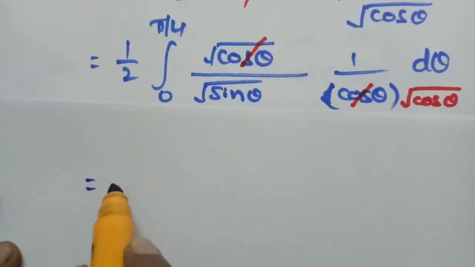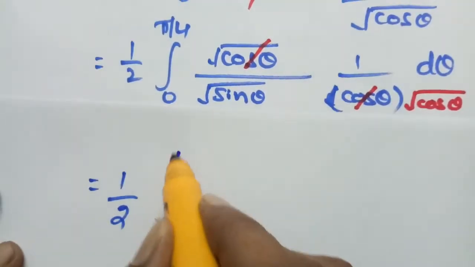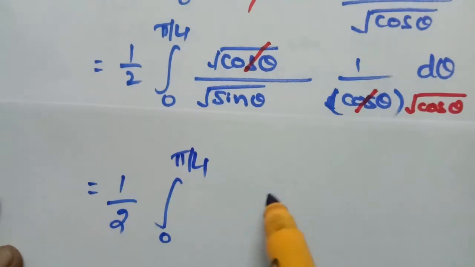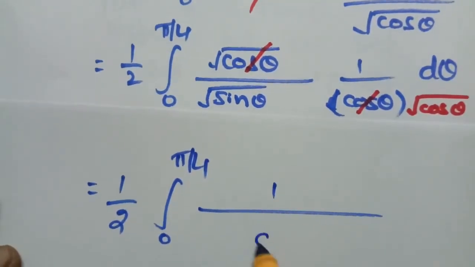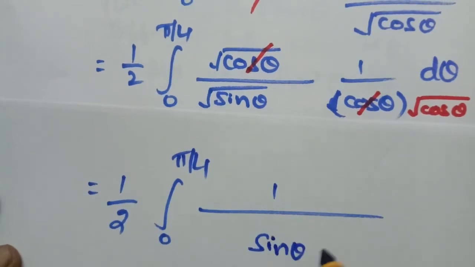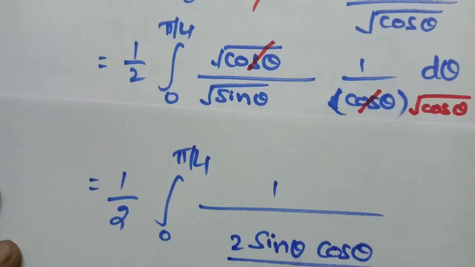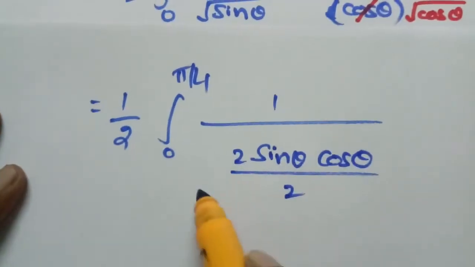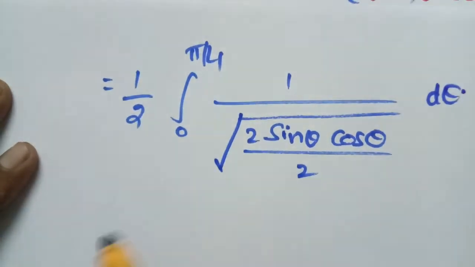This is equal to 1 by 2 times the integral from 0 to pi by 4 of 1 by root of sin theta into root of cos theta, that is sin theta into cos theta, multiplying and dividing by 2, into d theta.